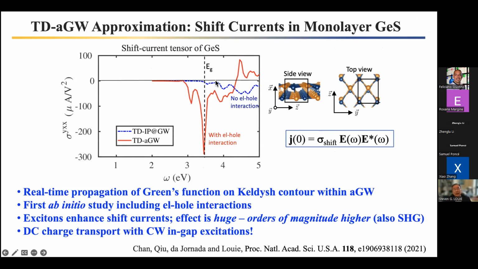The blue curve shows the case when we neglect the electron-hole interaction in the simulation, and the red curve is when we do the full simulation, including the electron-hole interaction. So you see that the excitons enhance the shift currents by orders of magnitude, huge.